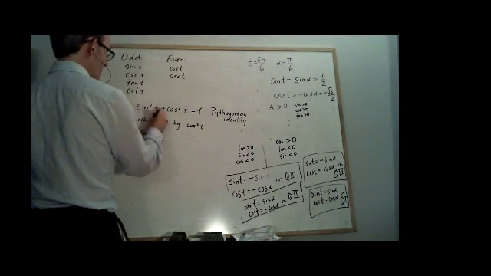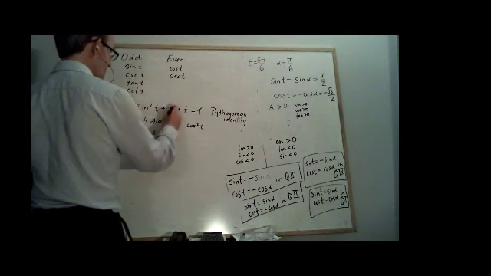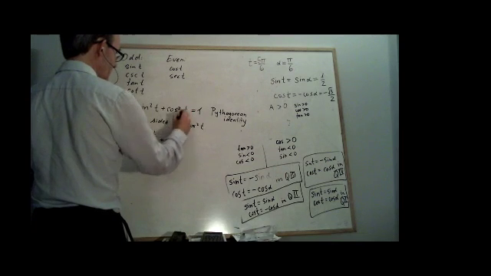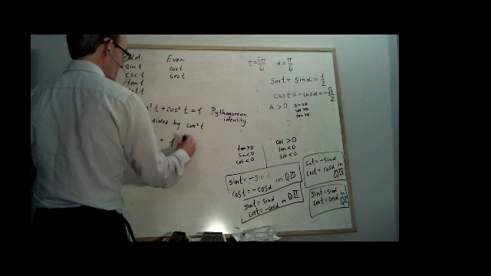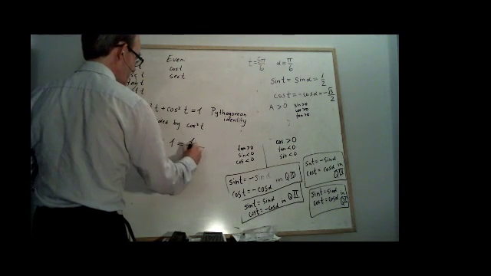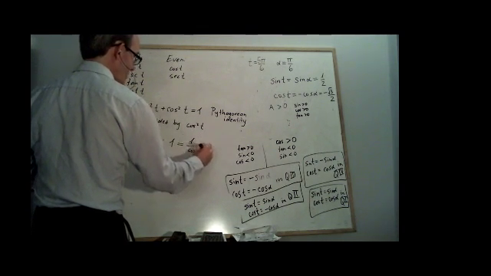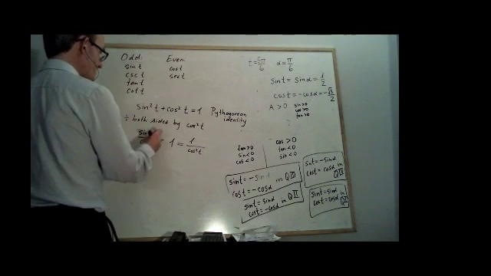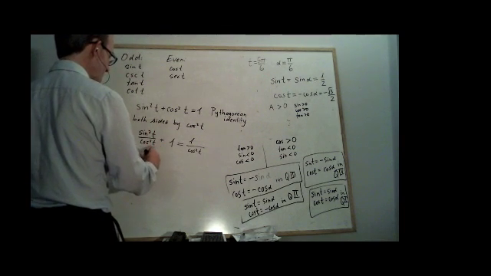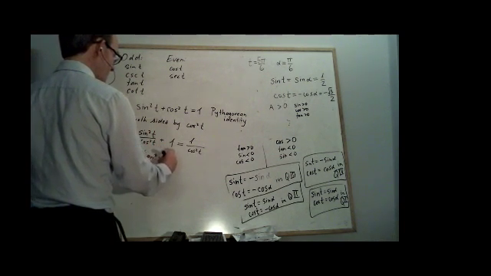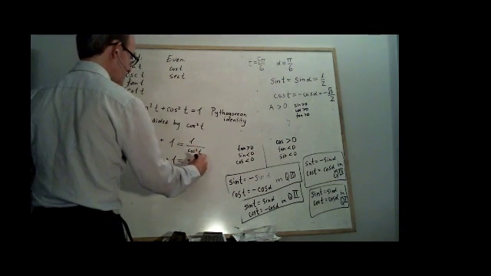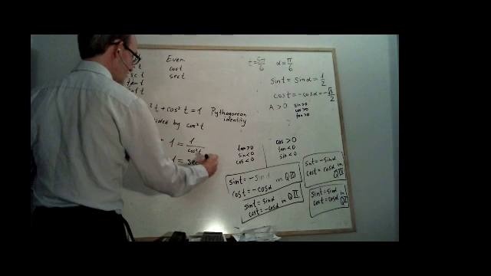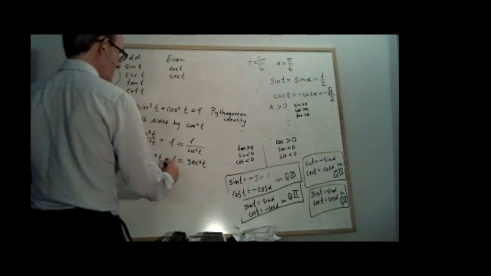So this becomes sine squared t over cosine squared t. This becomes simply 1, dividing cosine squared by itself. And then on the other side we got 1 divided by cosine squared of t. So this function here you can see is tan squared of t. The 1 is just the same one, and then secant squared of t. So this also is true for all t.